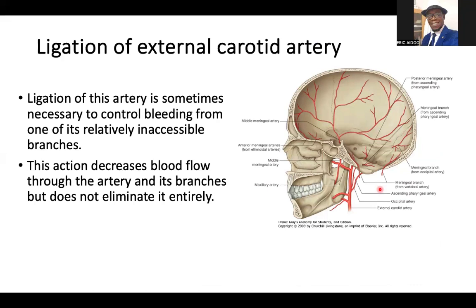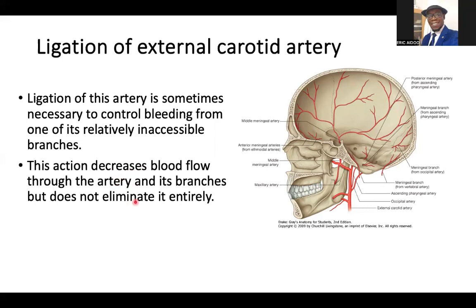Ligation of the external carotid artery may be necessary because its branches may be hard to reach. So you sometimes have to ligate the main artery. Ligation of this artery is sometimes necessary to control bleeding from one of its relatively inaccessible branches. This action decreases blood flow through the artery and its branches.